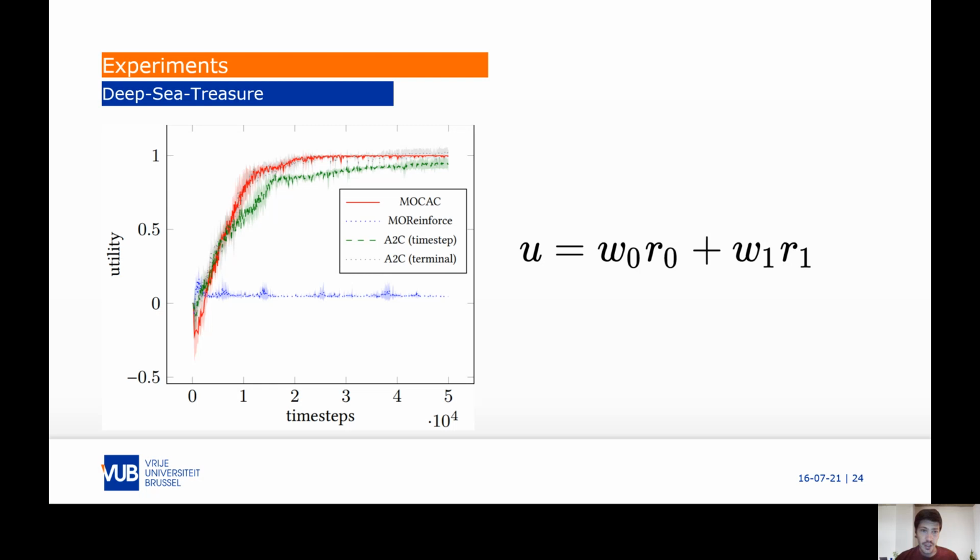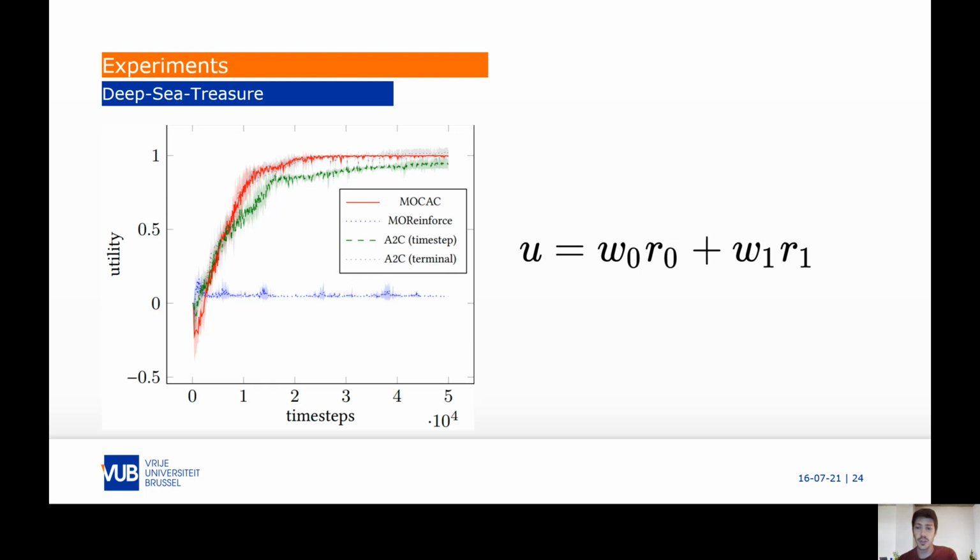And we also have one in gray, which is barely visible here since it's hidden behind the red curve, where the reward is accumulated until the end of the episode, and only then is the utility applied.